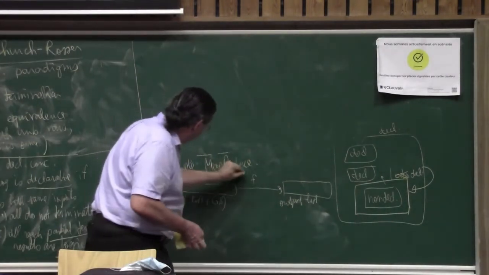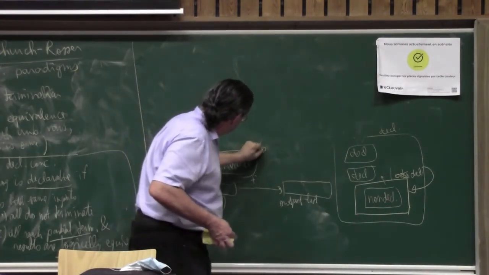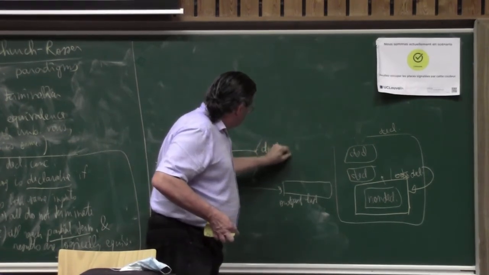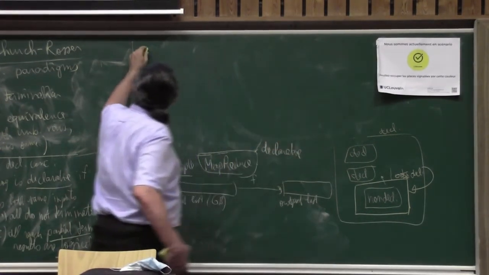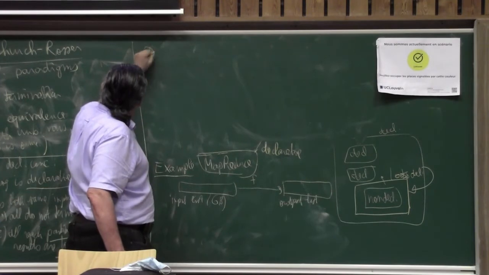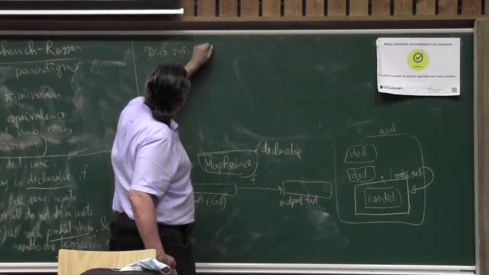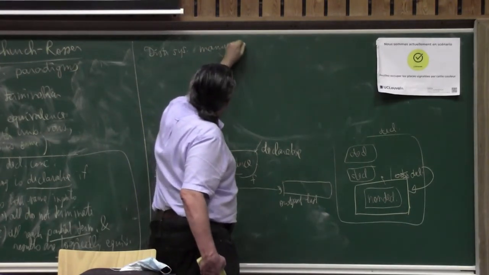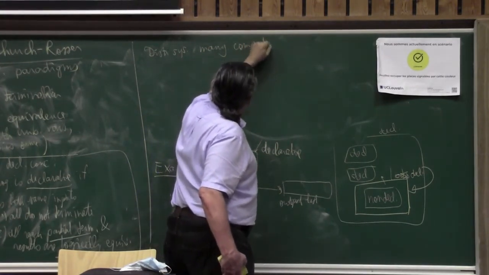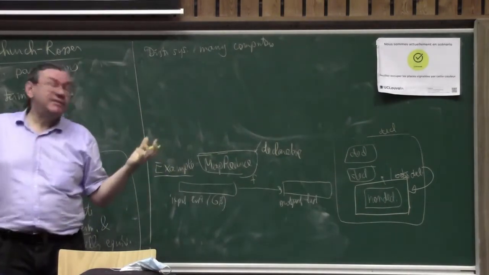So this is functional, okay? This is declarative. So we have here a system, a distributed system, with many computing nodes, many computers, basically a cloud, a data center.